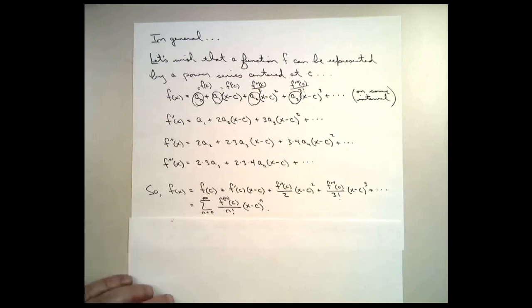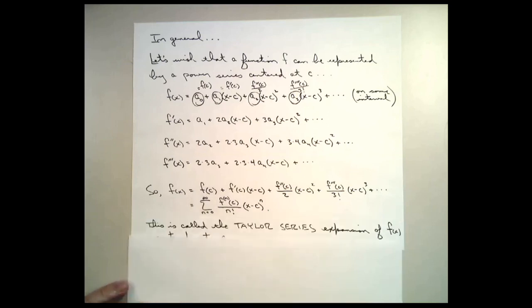And this power series is called the Taylor series expansion of our function centered at c. And that's it. That's our discussion of Taylor series, how we can build a power series for virtually any function that we can find lots of derivatives of.